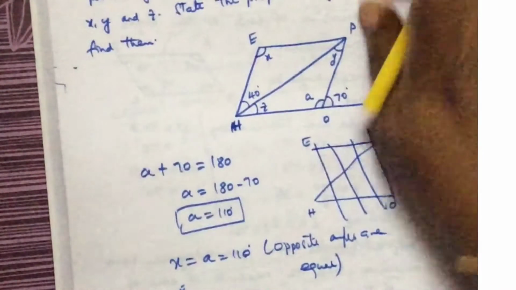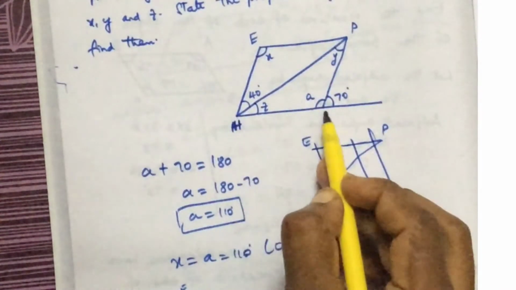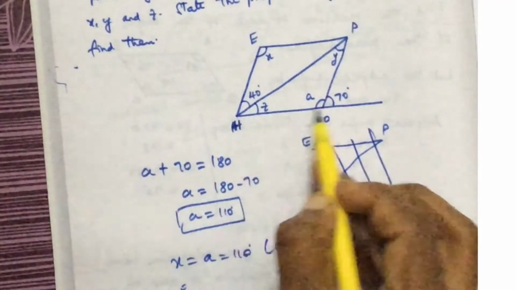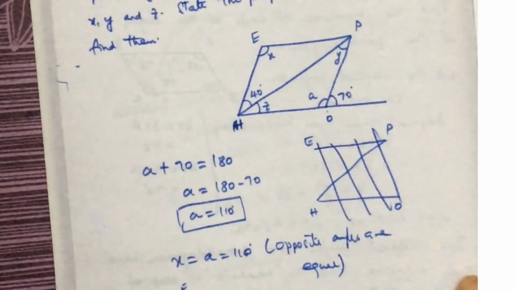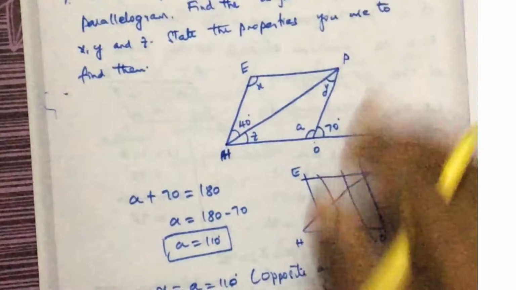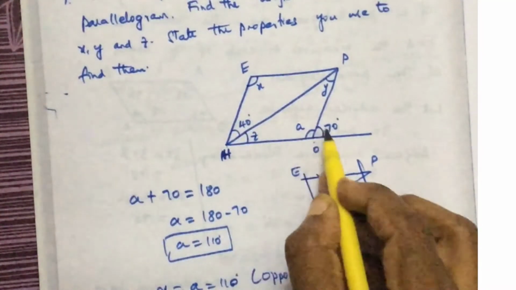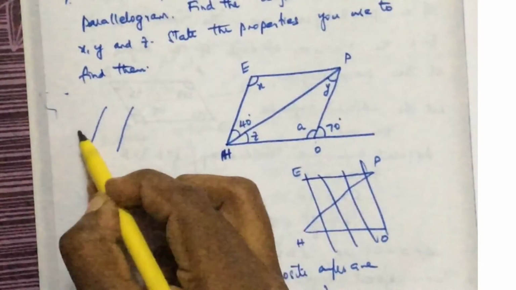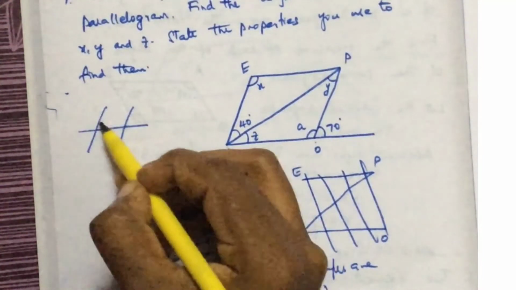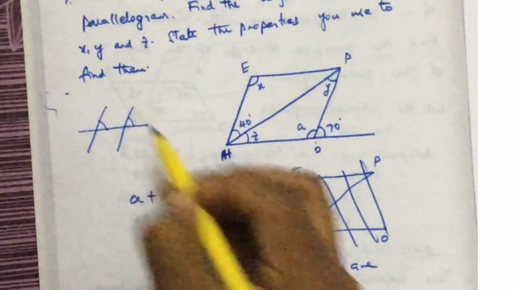This angle and this angle are adjacent angles. So when you add these two, you should get 180 degrees. That is one way of finding it. Another way is that this angle and this angle are corresponding angles. If there are two parallel lines and a line coming across, these are corresponding angles.